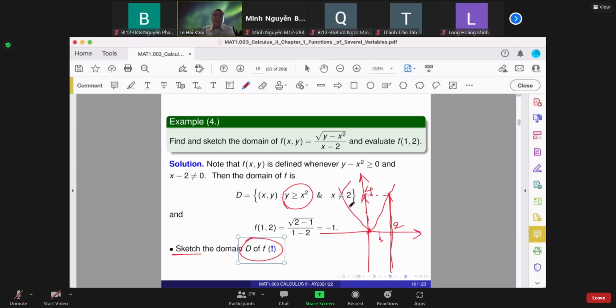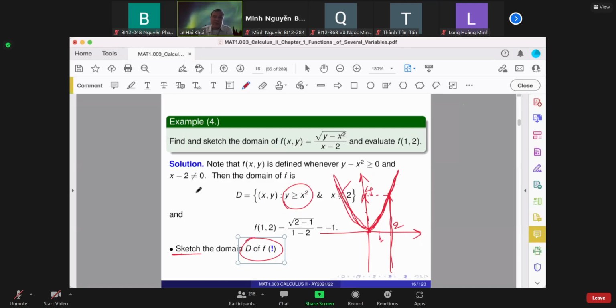How to find it? You take any point on the plane and see whether it is okay or not. The parabola divides the plane into two parts. One part you have bigger than or equal, or bigger than, you don't talk about the points on the parabola.